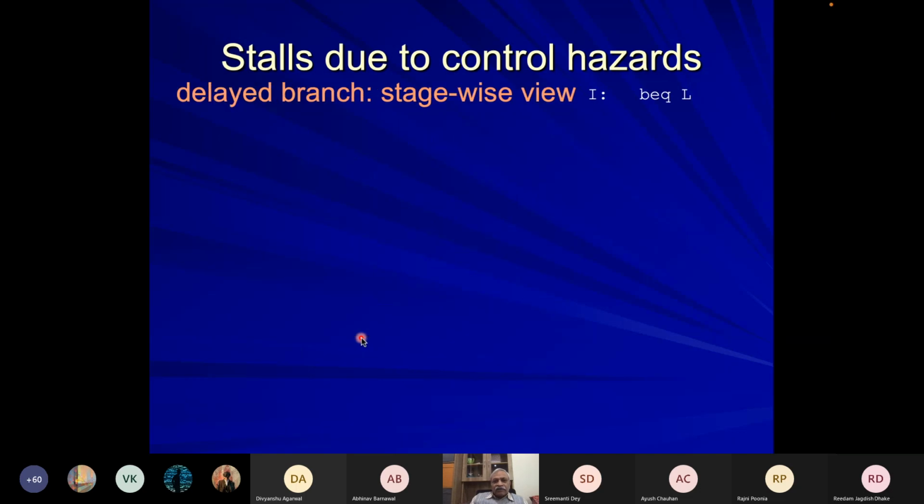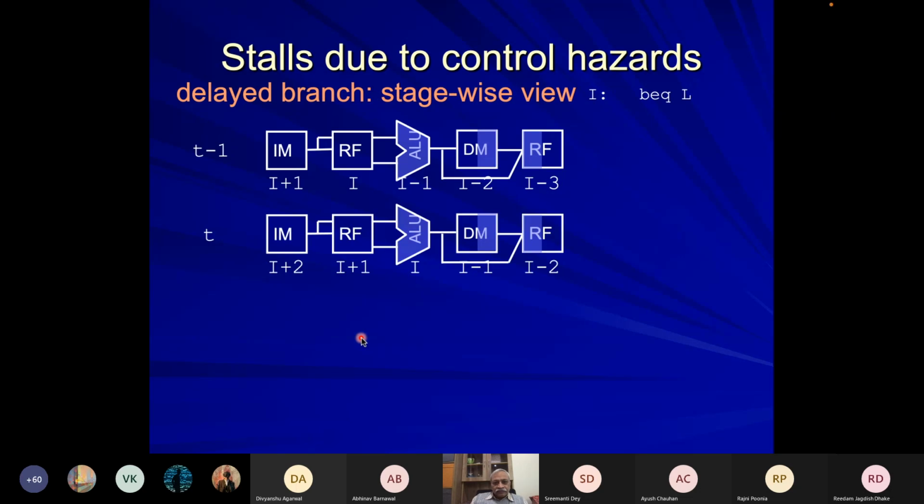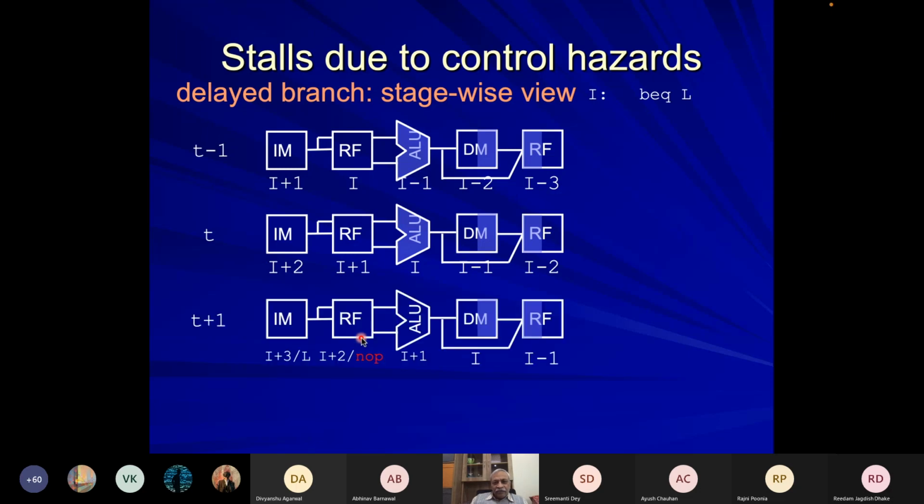All right. Next, we look at delayed branch. So I plus 1 will not be abandoned at any stage. It will continue. But if the branch has to be taken, then I plus 2 would be thrown away.